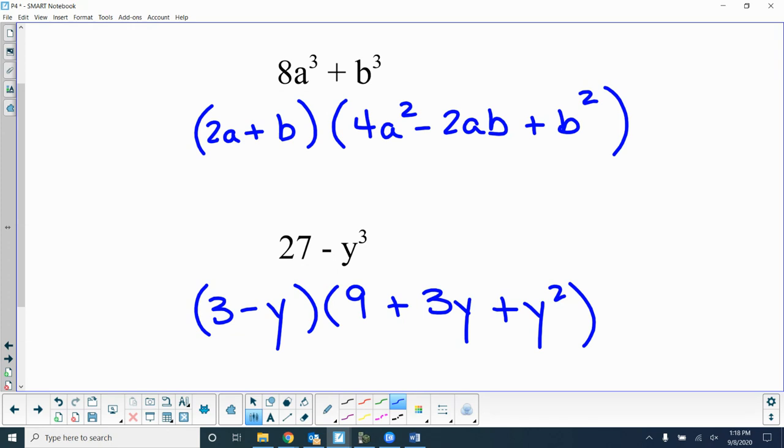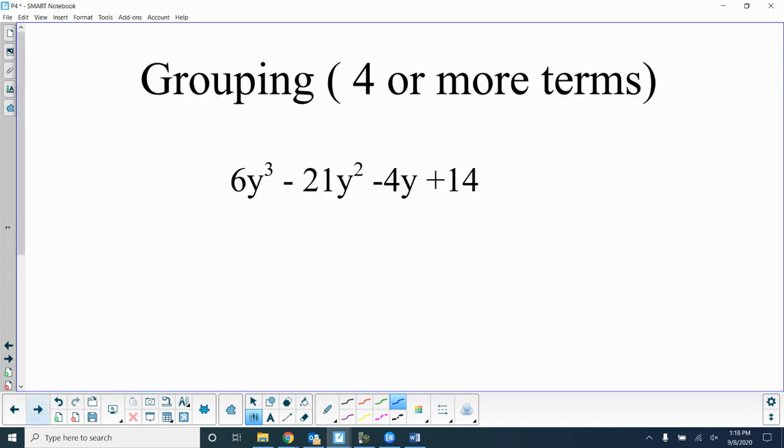And the last type is grouping, which I showed you in that one way. But it's got 4 terms, grouping. So we group first 2, last 2. Just like that one we turned into a grouping problem. That's a negative, so put it inside the group. Put addition between them. Now, what do I pull out of each group? GCF, right?